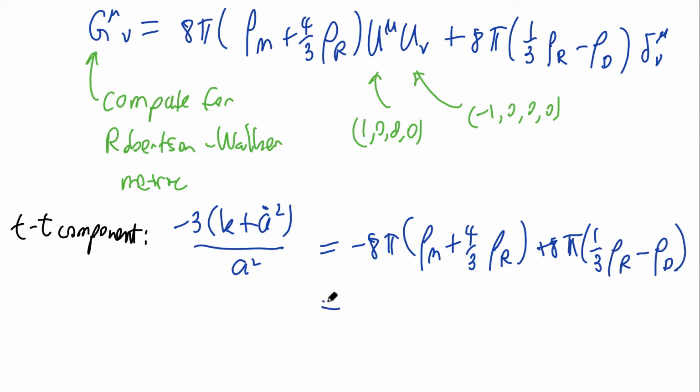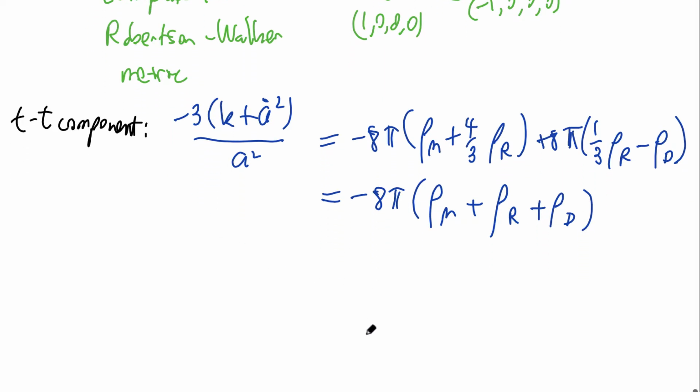We can simplify the right-hand side. This is minus 8 pi times rho m plus these two terms combine to just give rho r, and from here we have rho d. So this is just the total energy density in all three components of the non-gravitational fields.